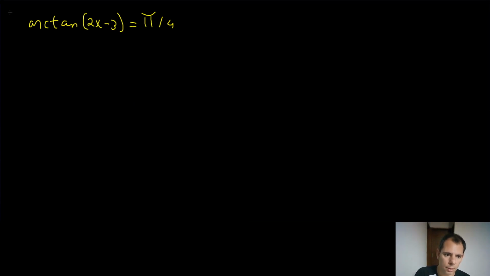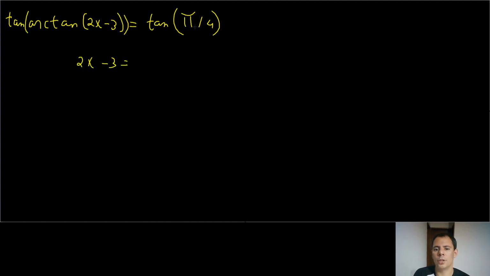So it's going to be the tangent of this and the tangent of that. The tangent of the arctangent is just going to give out this thing here. So 2x minus 3 equals, what is the tangent of pi divided by 4? It's 1. Okay, so x equals 4 divided by 2, 2. X equals 2.